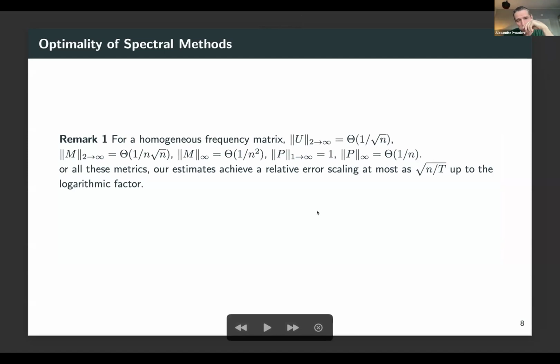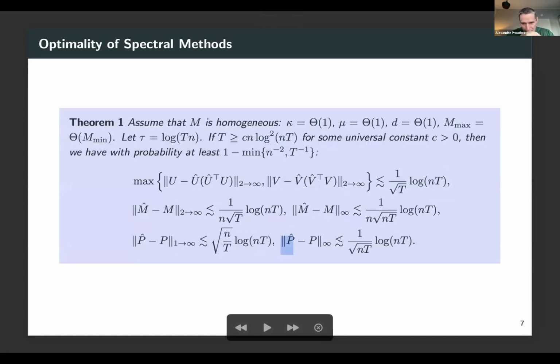So this implies that, for example, the infinity norm of P is scaling as 1 over n. And so for all these matrices, our estimate achieves a relative scaling error of at least square root of n over T. Okay, so that's, for example, here.